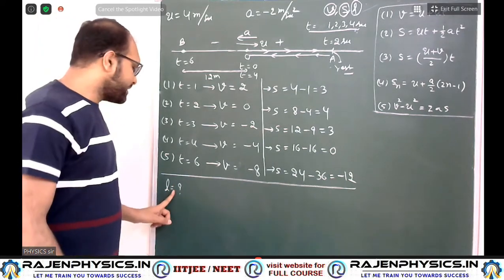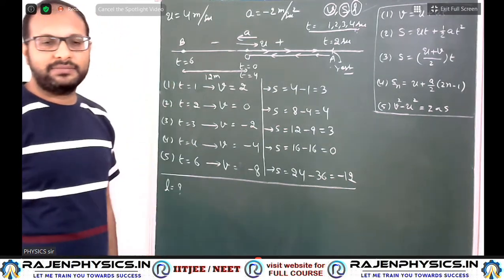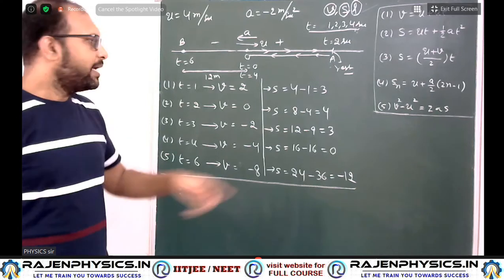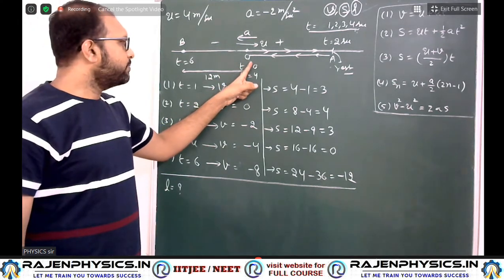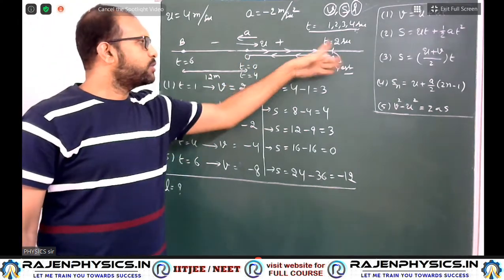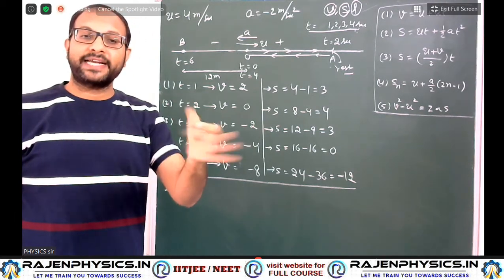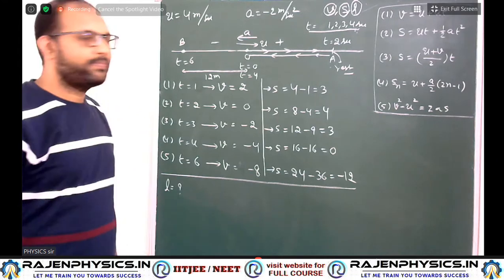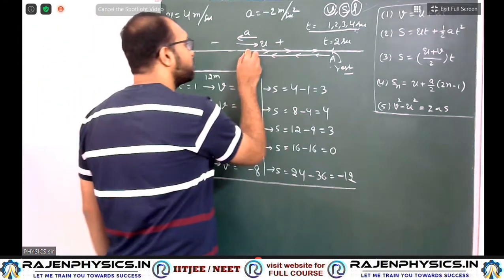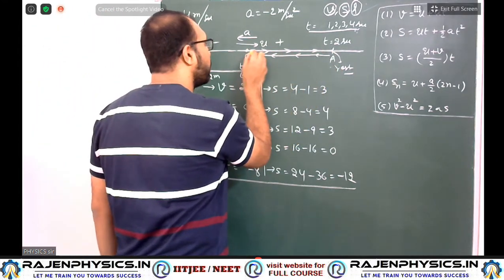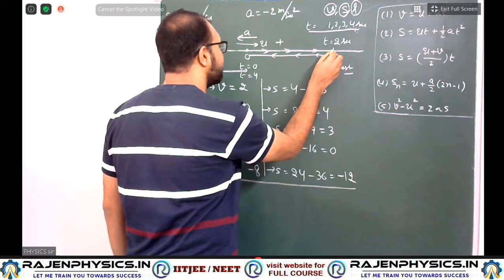Right, students, distance is nothing but the length of the path. Suppose I need t equal to 0 to t equal to 2 seconds distance. Yes, t equal to 0 to t equal to 2 seconds, only one direction moving, students.